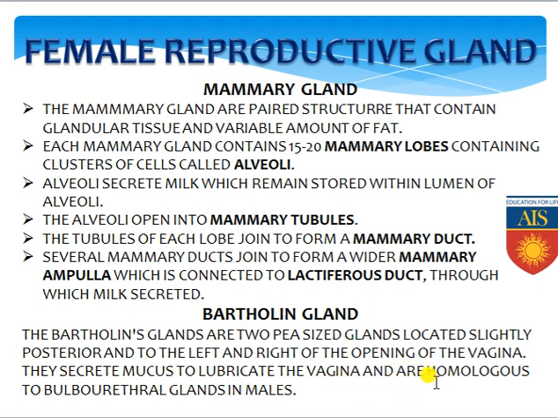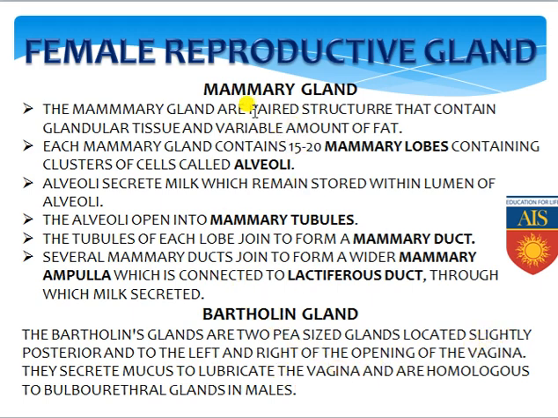This is actually homologous to the bulbourethral gland or Cowper's gland present in the male, which provides motility to the sperm. The same motility will be provided by the Bartholin glands, which are present on both sides of the labia minora, or on both sides of the vaginal aperture.